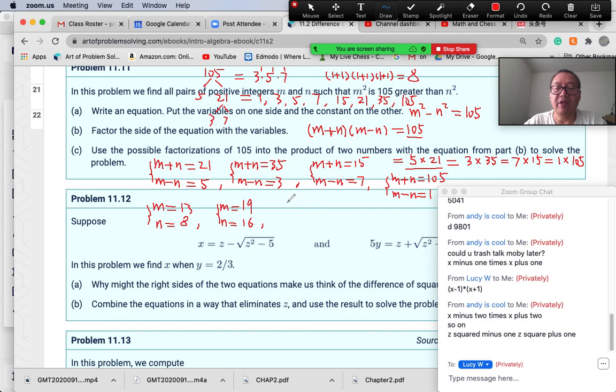For the third one, you get m equals 11 and n equals 4. Now the last one: m equals 53, then n equals 52.